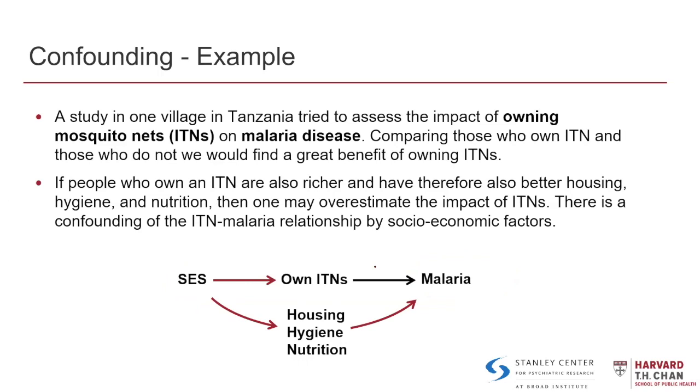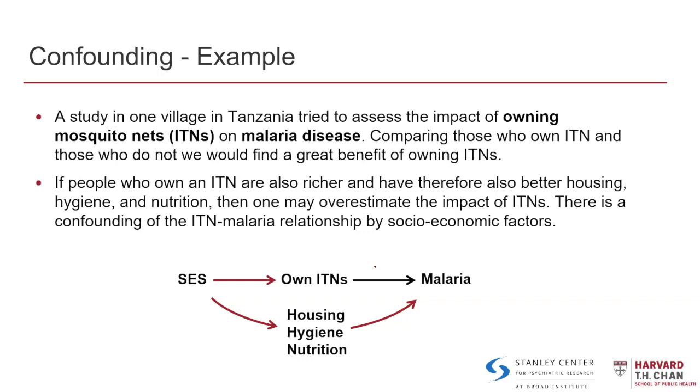Let's look at another example. This is another common example used in infectious disease epidemiology. If we look at a study done in Tanzania, trying to assess the impact of owning a mosquito net, ITNs, on malaria, comparing those who own mosquito nets and those who do not, we could find a great benefit of owning a treated mosquito net.